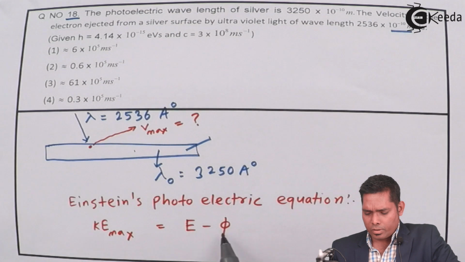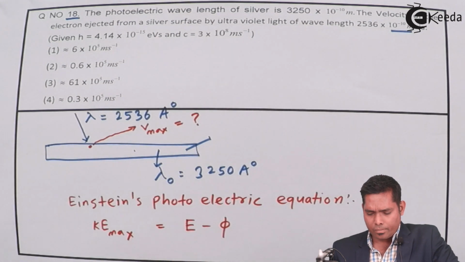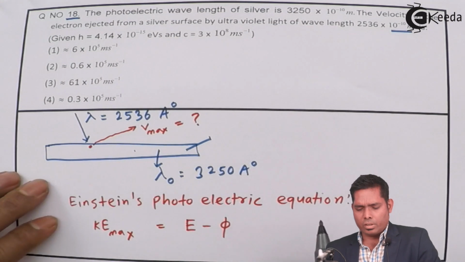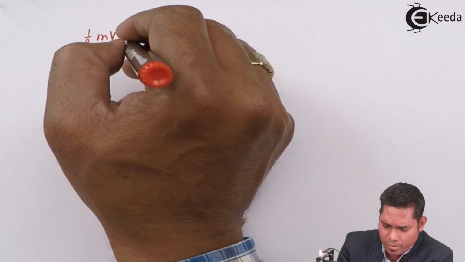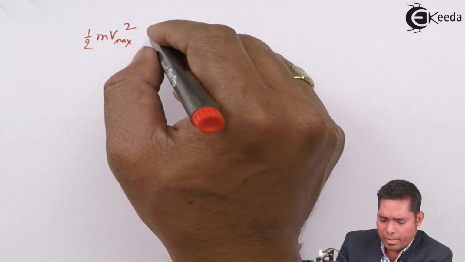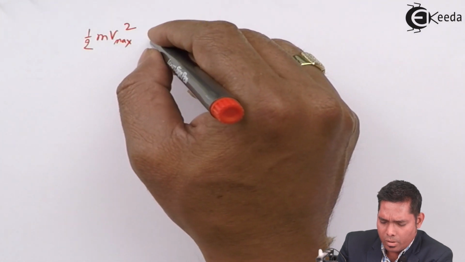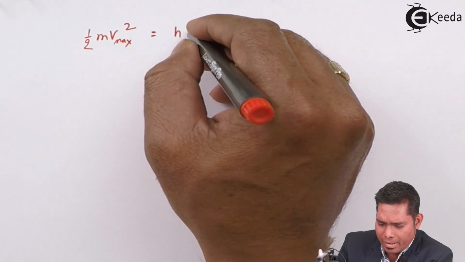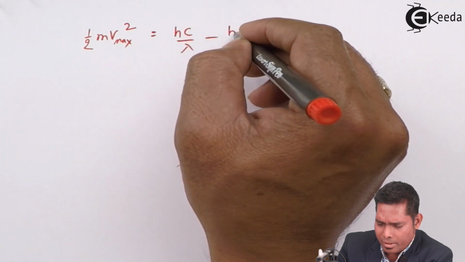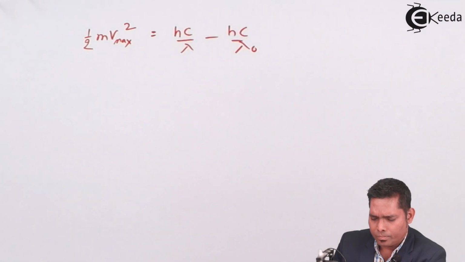This is the work function, this is the energy that is incident, and the difference is the kinetic energy. This equation can be written as half m v max square, the maximum kinetic energy, equal to hc upon lambda minus hc upon lambda naught.